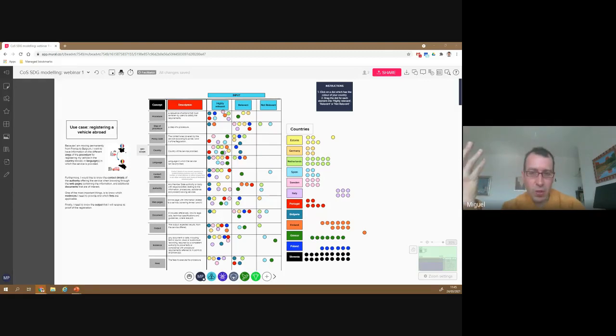Are other member states interested in using this model back at home to structure the information? Okay, so for the time being, we can keep this.